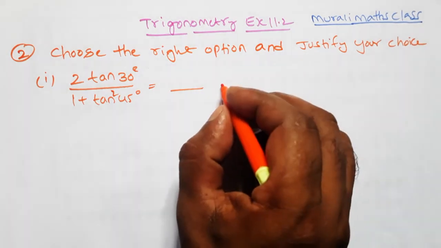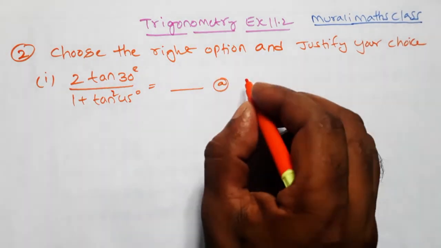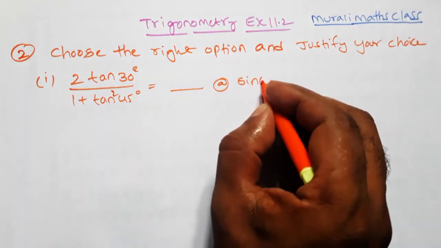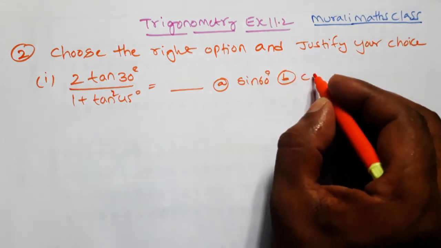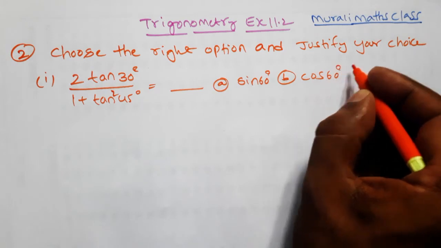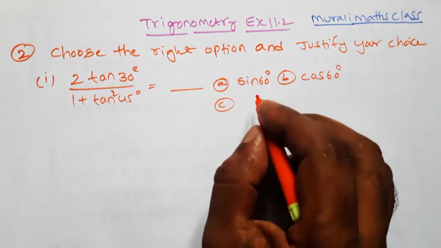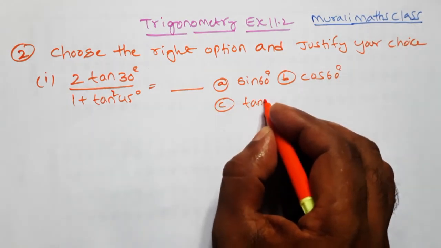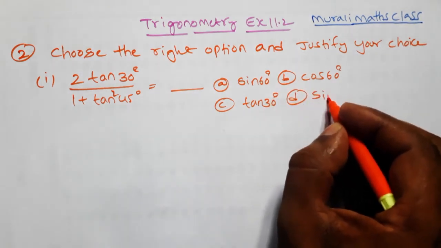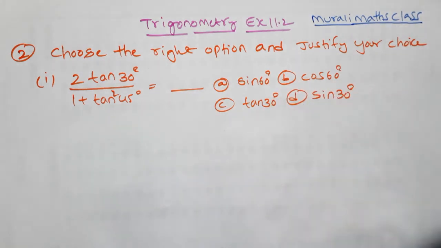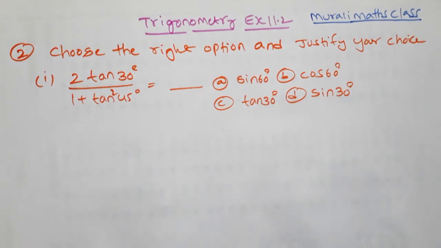Option A, sin 60 degrees. Option B, cos 60 degrees. Option C, tan 30 degrees. Option D, sin 30 degrees. So in these options we have to choose the right option and justify the answer.